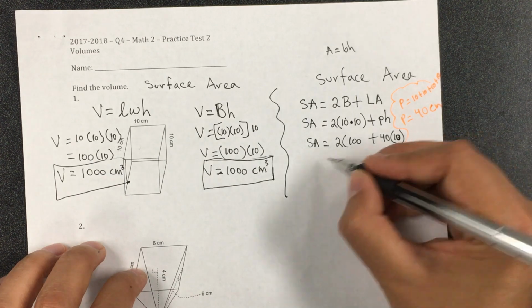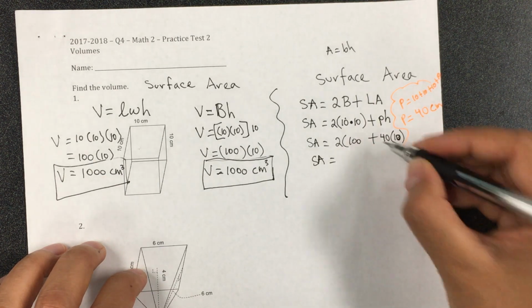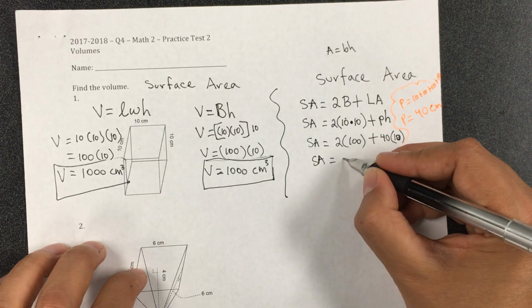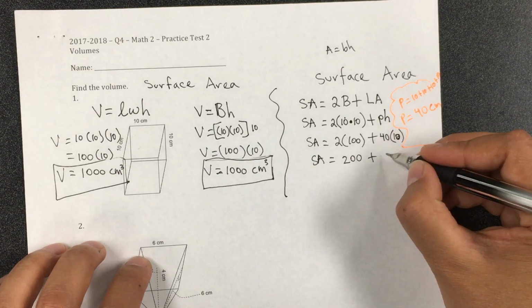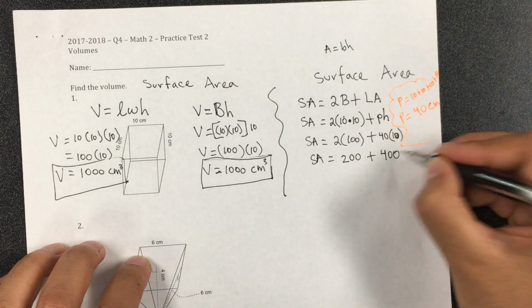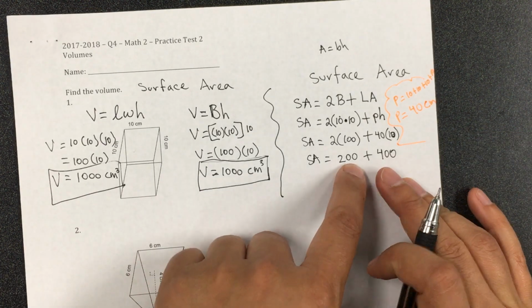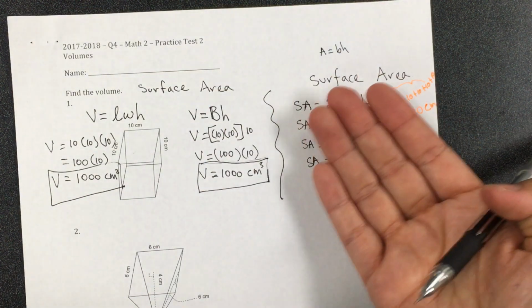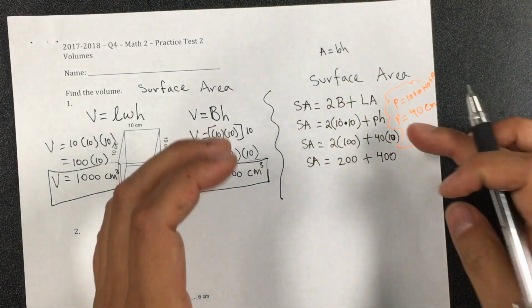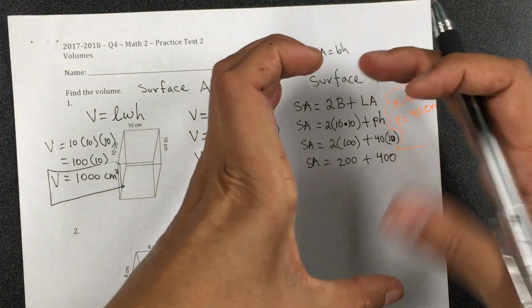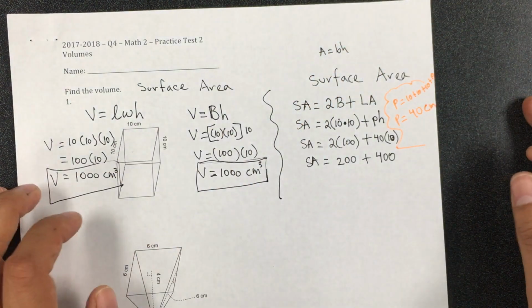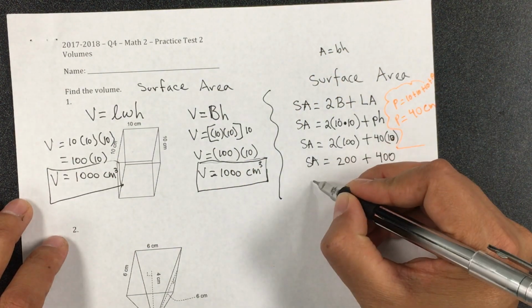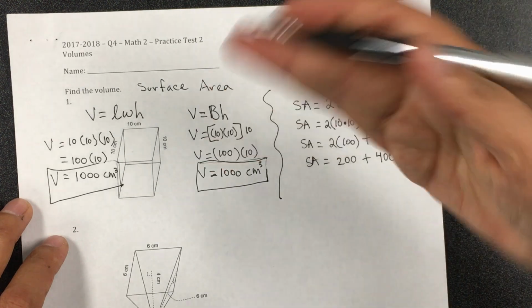And so the surface area is 2 times 100 is 200, 40 times 10 is 400, and this is the area of the two bases, the bottom and the top one, and this is the area for, like, if you were to paint on the sides of that rectangular prism or that box, all four sides.